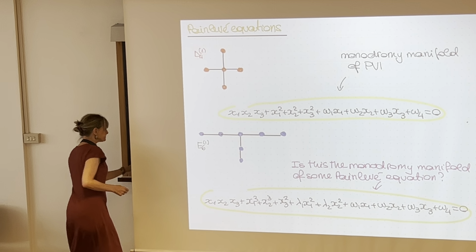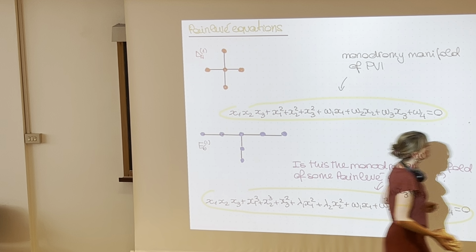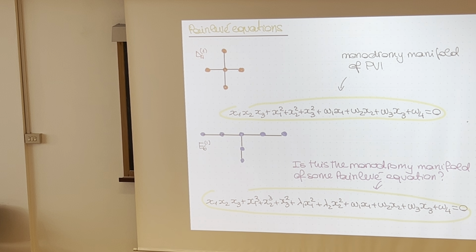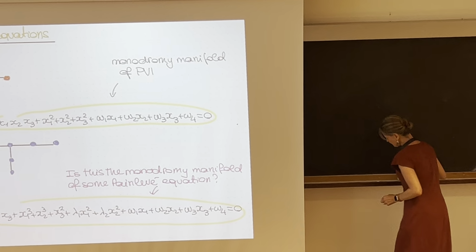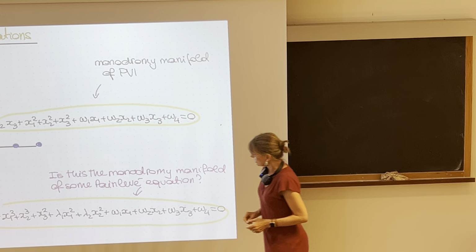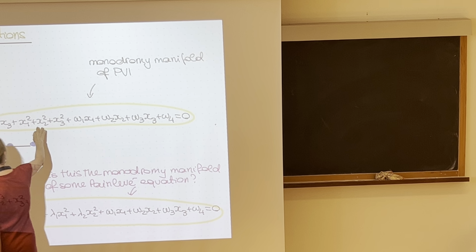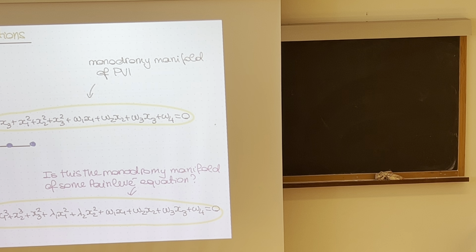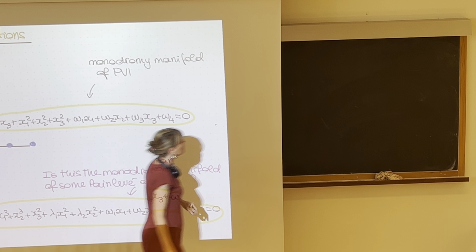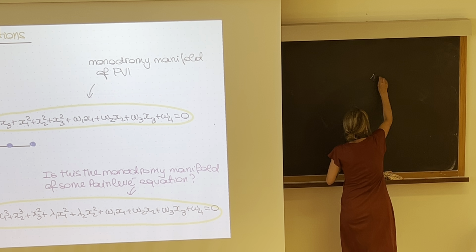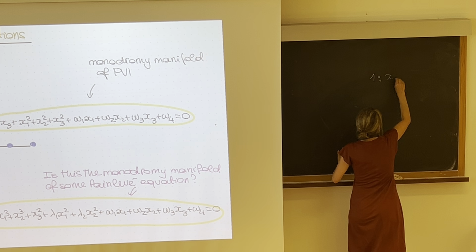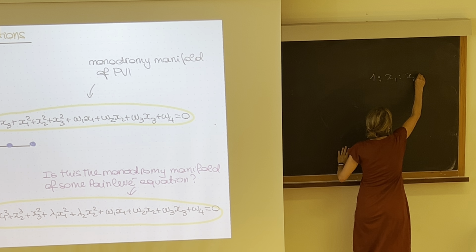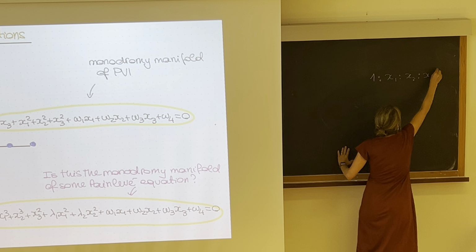So if I maybe where is it? It's behind you. Okay. So this is an affine surface, but I can make it projective. The way you can make it projective is simply saying, okay, this corresponds to the point 1, x1, x2, x3.